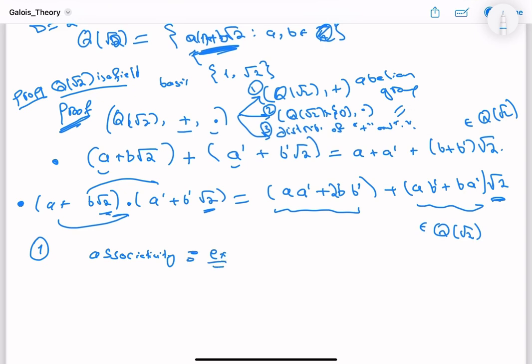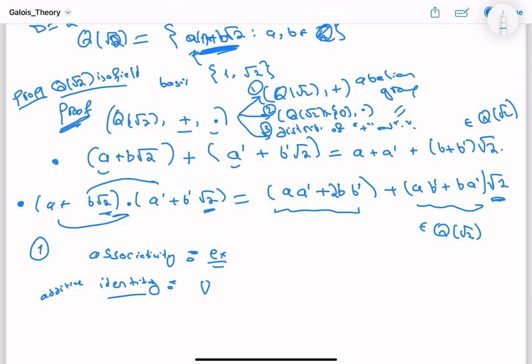It's an easy thing to check. The identity, what's the identity? It's important to mention these once in life. We're talking about the additive identity, which we said we're going to denote by 0. Well, fortunately, in this case, 0 is literally 0.